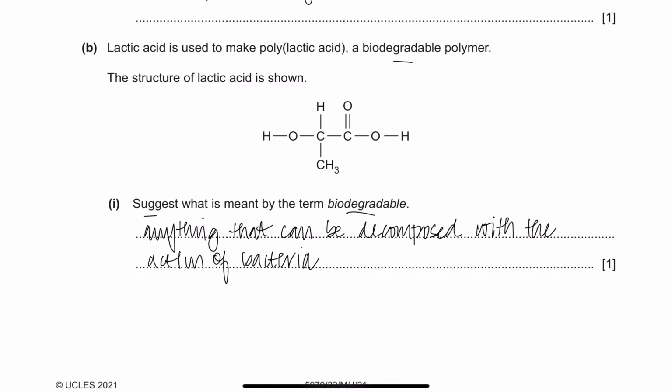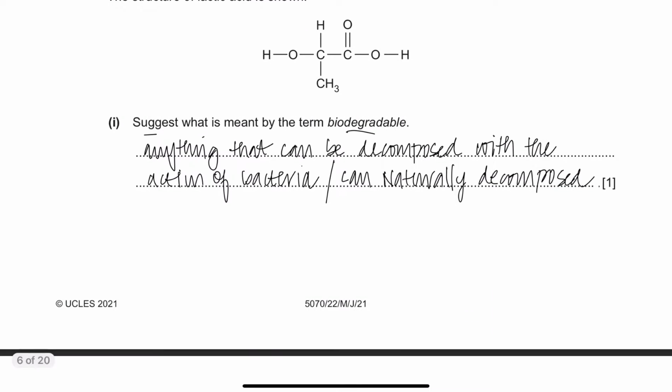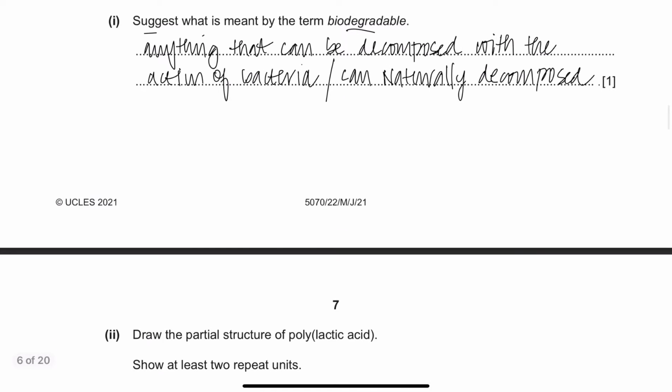And you can also say, in other words, कि if O levels को इतनी thorough definition नहीं चाहिए, O level में you can also just get away by saying that anything that can naturally be decomposed. But that's not the proper definition. The proper definition is this, that anything that can be decomposed with the action of bacteria. और bacteria naturally occur करती है, right? Act करती है. So anything that can either be naturally decomposed or decomposed by the action of bacteria is called biodegradable.